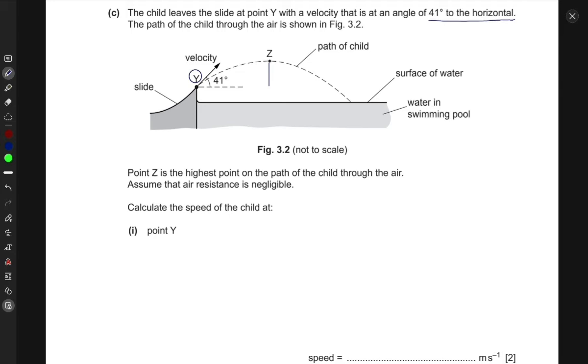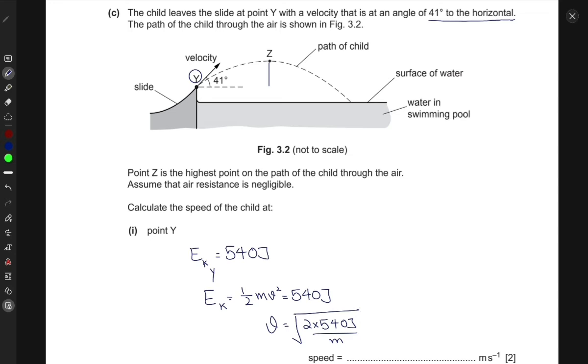Well, we remember we have its kinetic energy at Y as 540 joules, right? Now, we know that kinetic energy is also equal to half mv squared, which means I can equate this to 540 joules at point Y, and this would give me a relation for V as the square root of 2 times 540 joules divided by m.